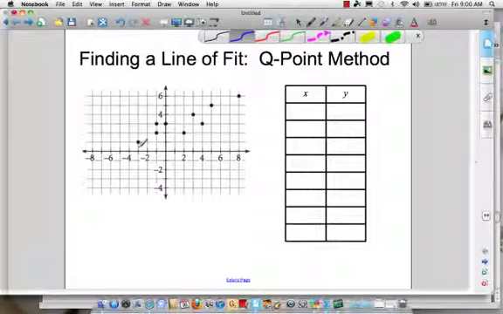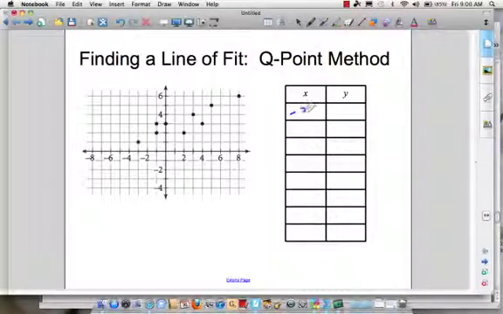This one is -3, 1, and then this next one is -1, 2, and then we also have -1, 3. And then this point right here is 0, 3, and we have 2, 2, and we have 3, 4, and then we have 4, 3.